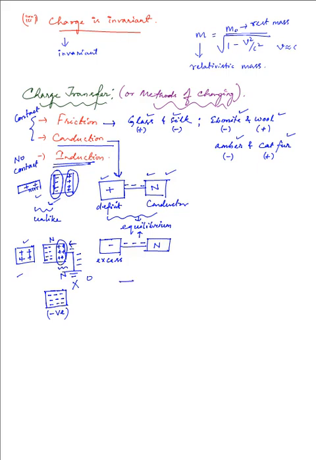Let me just draw that. So this is a negatively charged object which is brought closer to a neutral conducting material, and as a result of that the positive ions get deposited on one side and the electrons are pushed to the other end, which is then earthed. Those electrons, being free, get transferred to the earth.